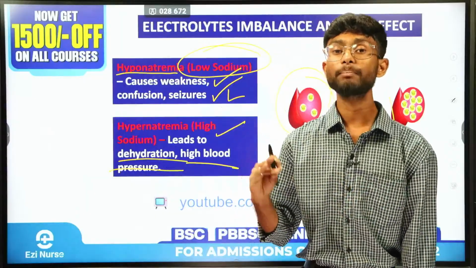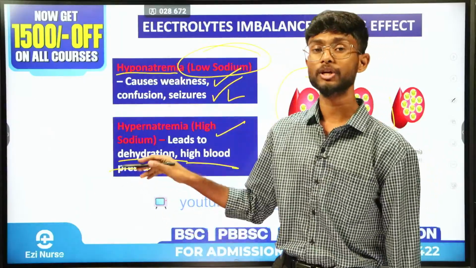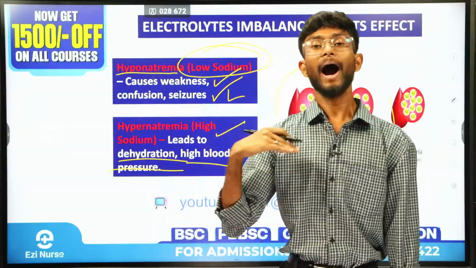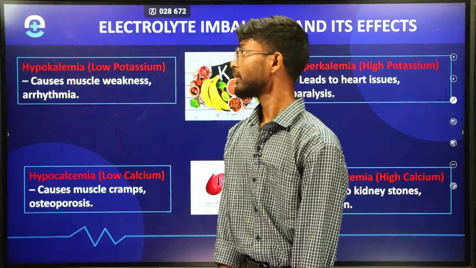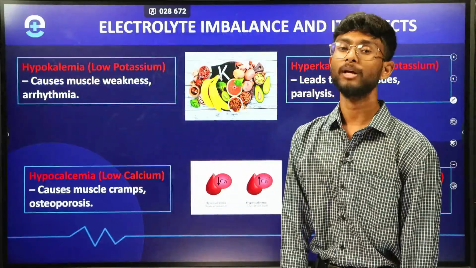Hyponatremia and hypernatremia are the two conditions of low and high levels of sodium.